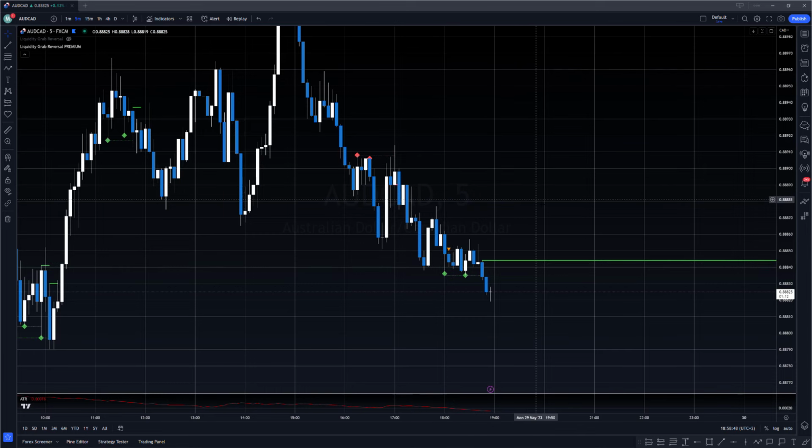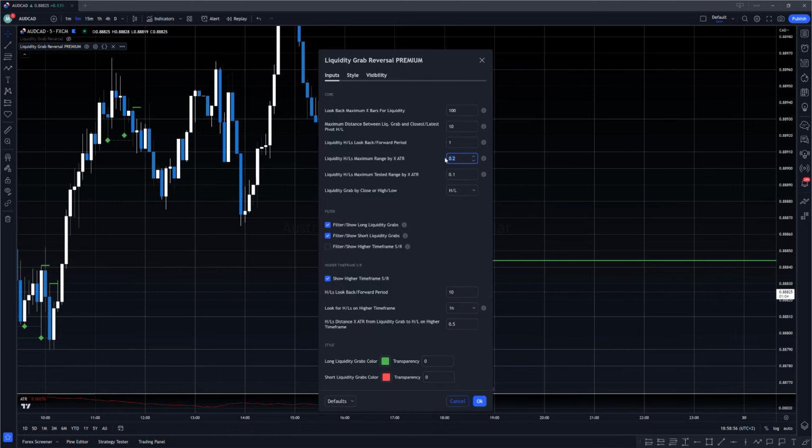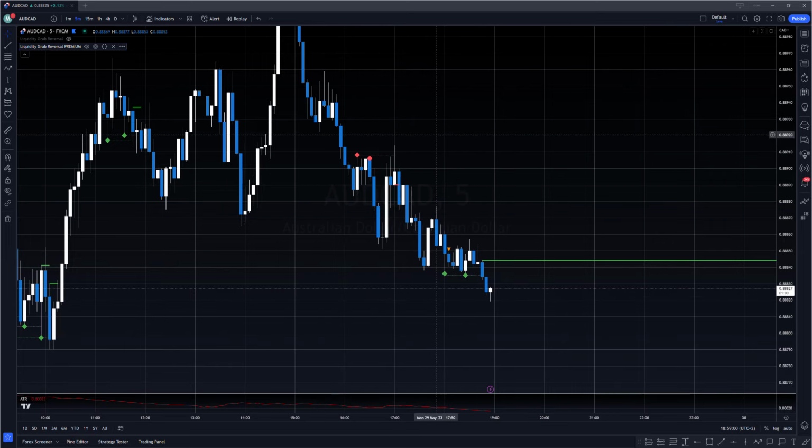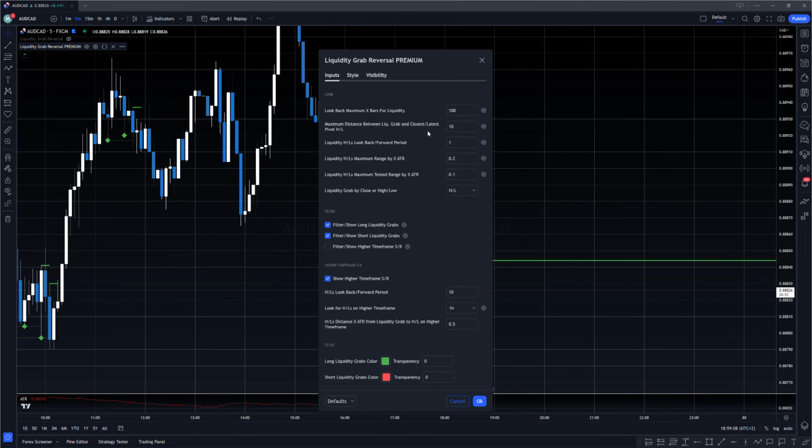If the ATR is 1.6 multiplied by 0.2, which is here, so it should not be more than that, okay? So the lower the value, the closer the pivots will be formed, okay? So it is up to you what liquidities you want to find, the nicer or the uglier, what's good for you.